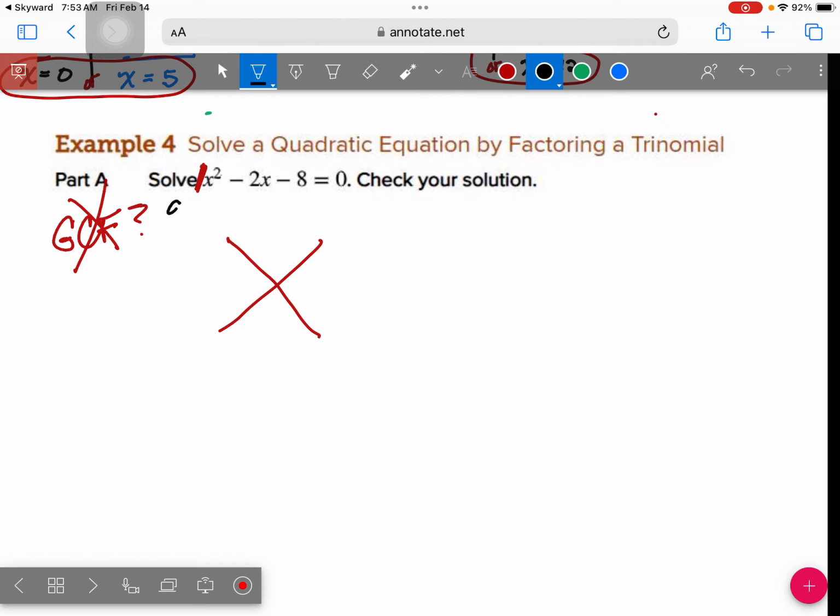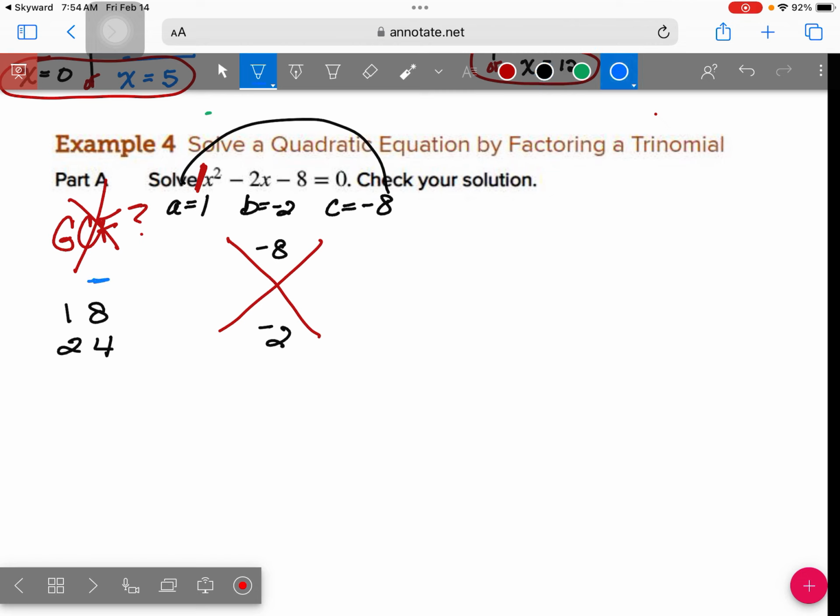So A is equal to 1, B is equal to -2, C is equal to -8. So for the top, think of the rainbow. We have 1 times -8 is -8. B is -2. Two factors of 8 that add to give you -2. And the larger number is negative.